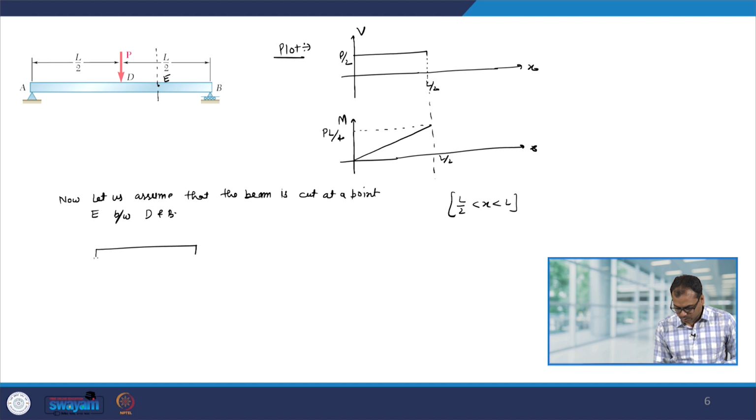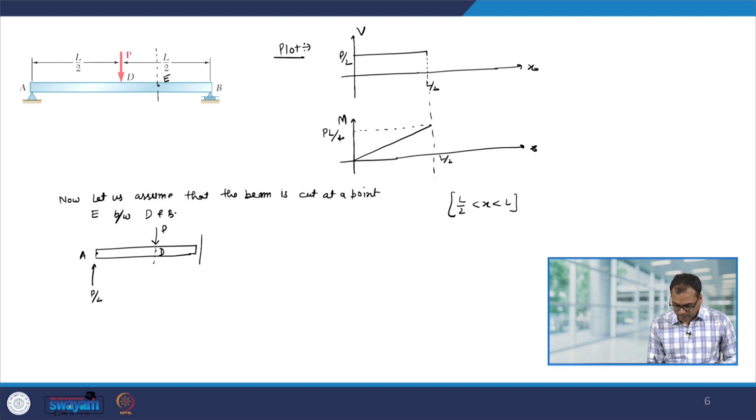So we have point A, the force acting at A is P by 2, and at the midpoint, which is L by 2, we have a point D, and at this point the external force P is acting.